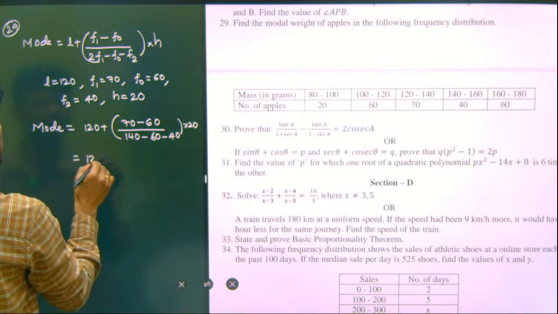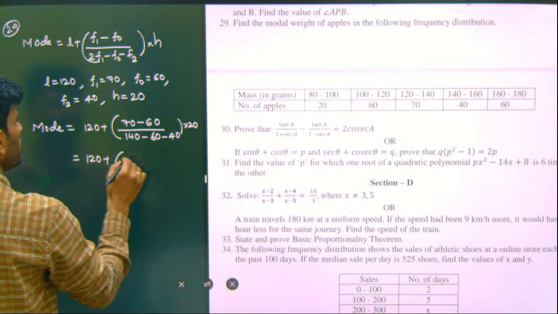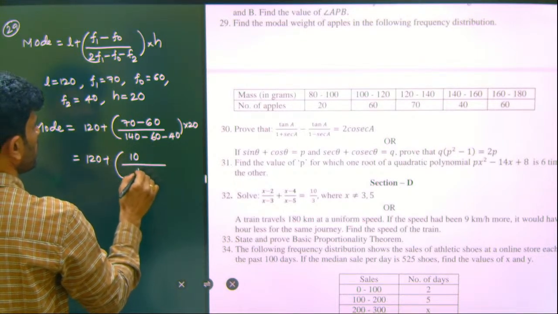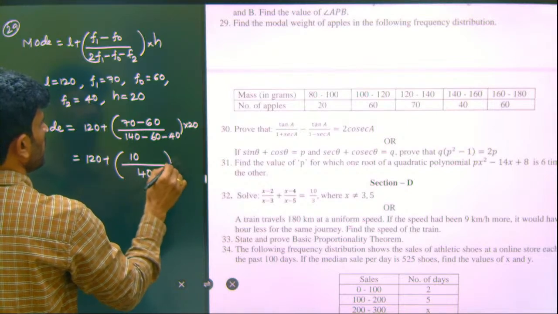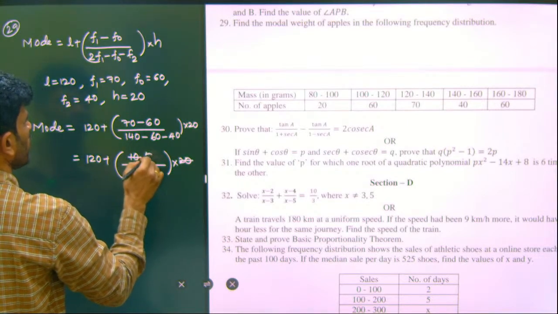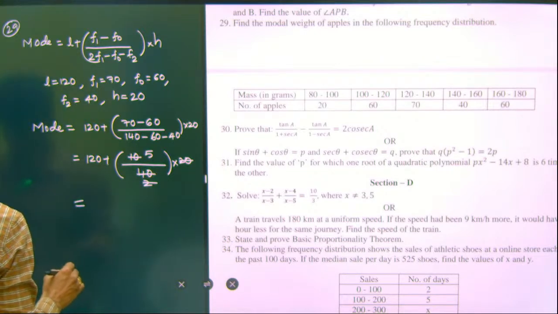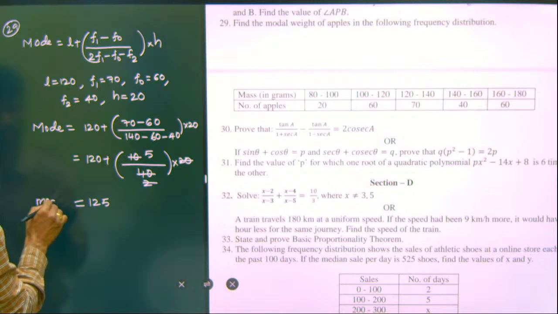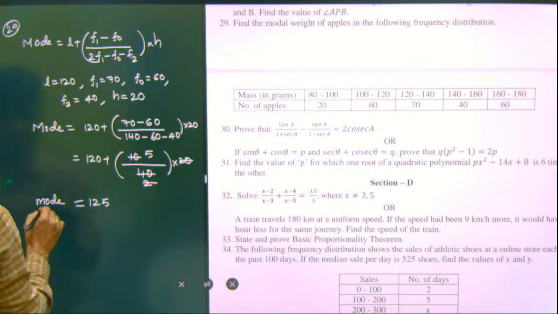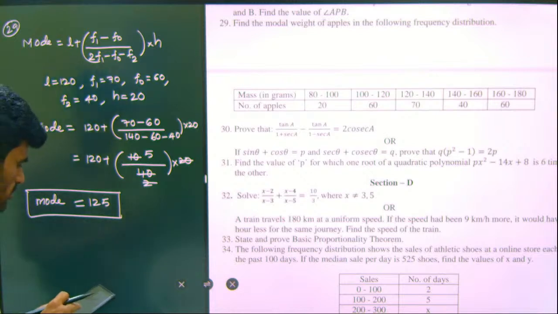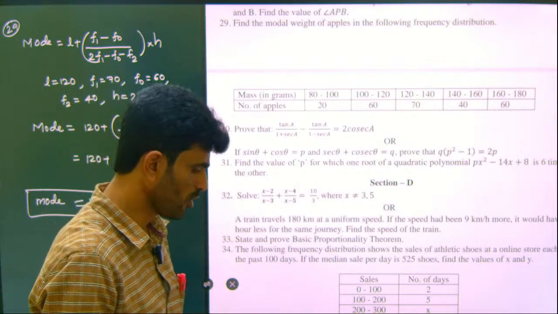So 120 plus 10 by (140 minus 100, 40) into 20. 20 ones are 20, twos are 2, ones are 2, fives are. What is the mode? Very good, many of you got it already. Mode is equal to 125. 3 marks question.